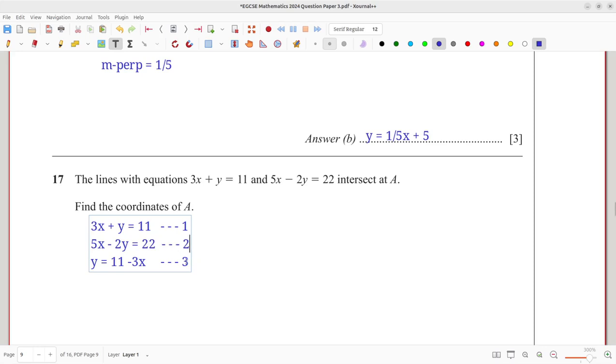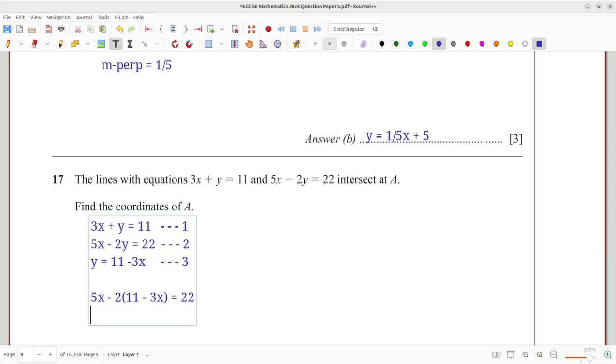And then since we've made equation 3 from equation 1, let's substitute equation 3 into equation 2. So your 5x minus 2 into 11 minus 3x is equals to 22.